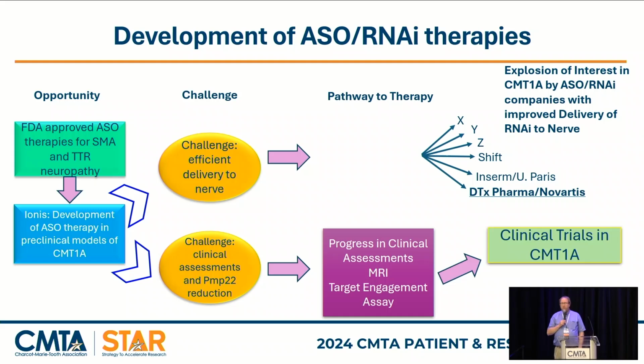And so in the intervening years, even though Ionis never finalized their effort to try to bring ASOs to clinic, we were able to use that interaction to really refine and develop better outcome measures for better clinical trial design. And then one of the things that was a challenge too was that we needed to have more efficient delivery to nerve.